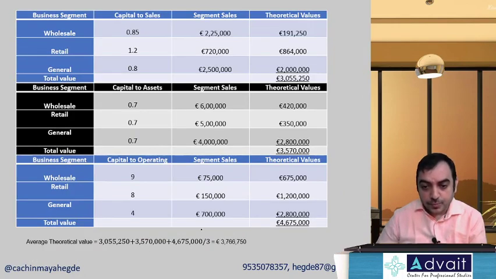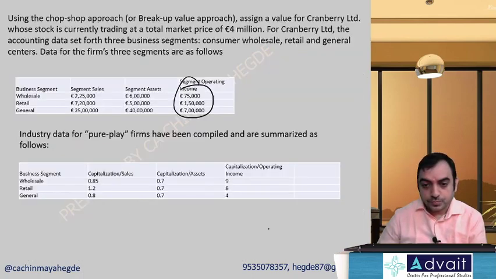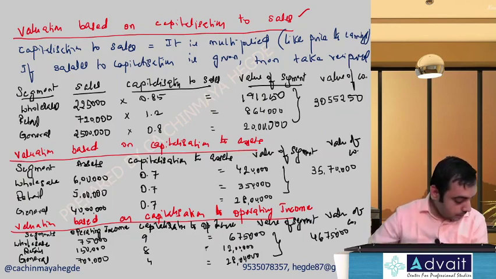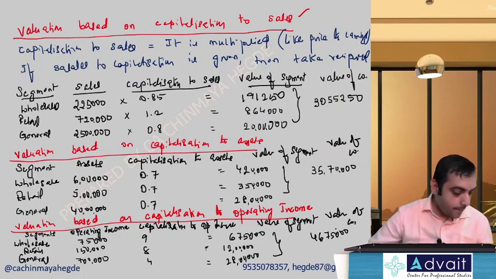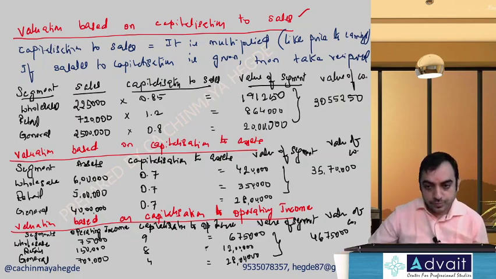So 75,000 into 9, 6 lakh 75,000. 15 lakh into 8, 12 lakh. 7 lakh into 4, 28 lakh. Total 46 lakh 75,000.